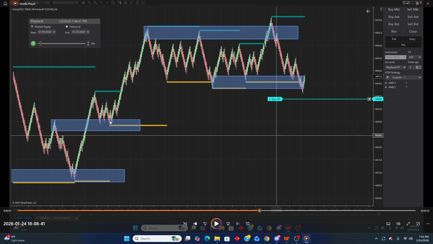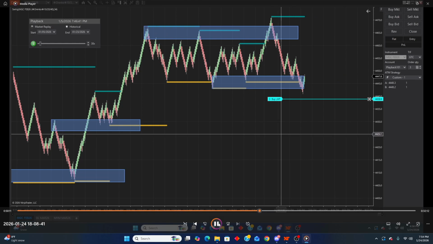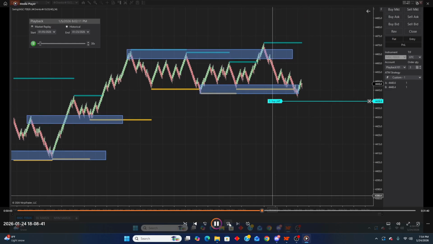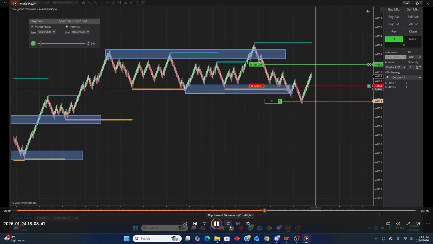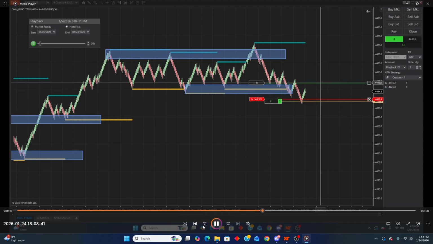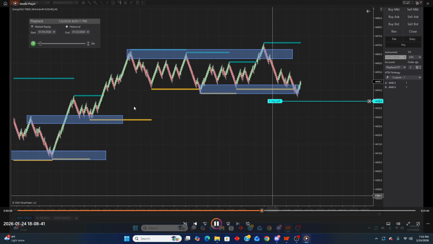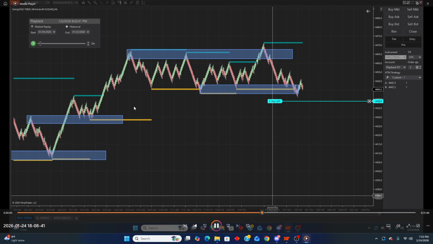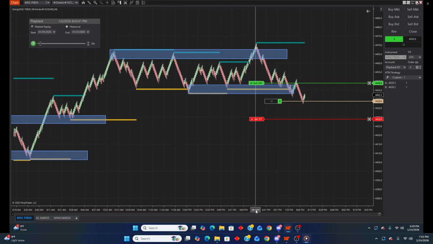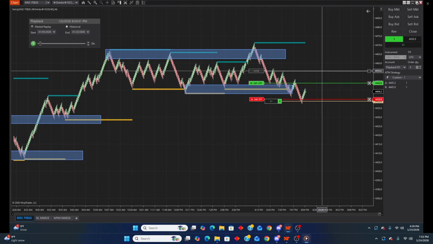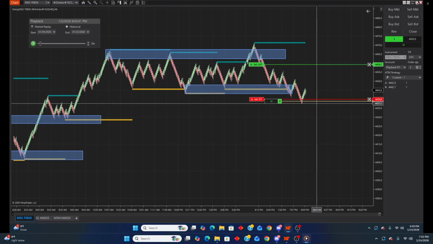So it's best to just put your entries to the imbalance and wait. Because look, order filled. Got in, immediately rejected, price flew up.